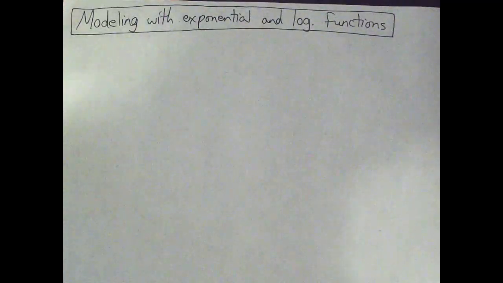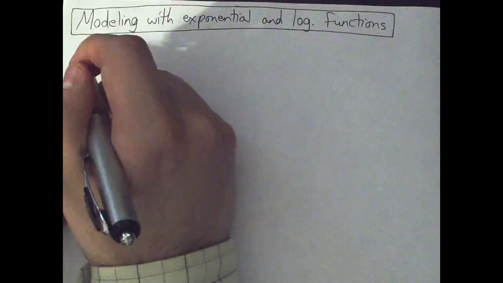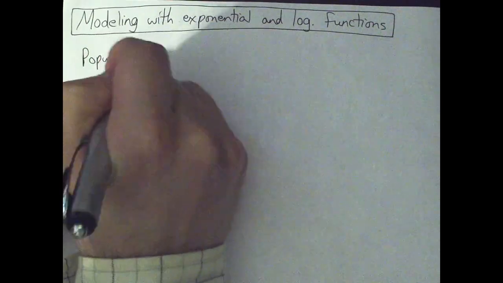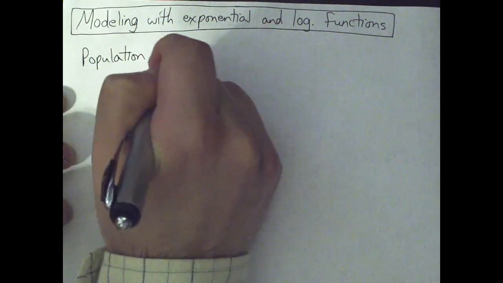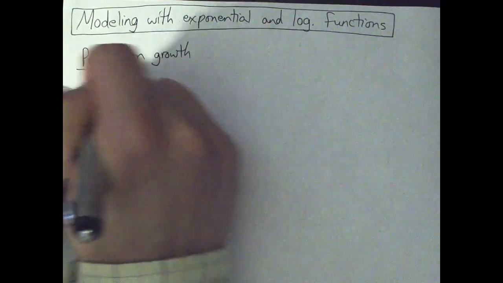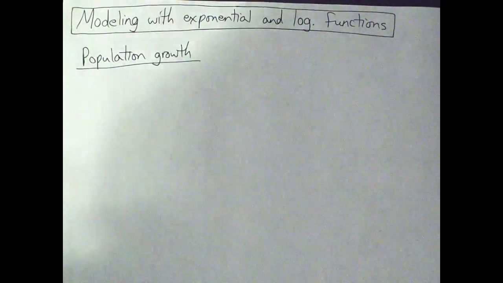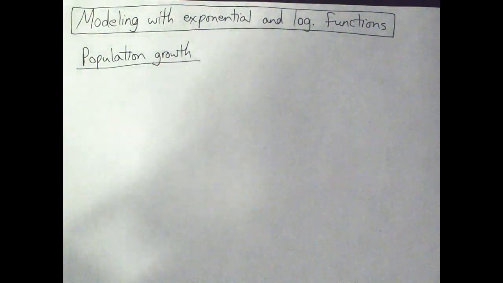All right, so besides interest and the loudness of a sound, modeling with exponential and log functions, one of the popular things that exponentials can be used for is population growth. And this could mean the growth of a population of humans, but it could also be the growth of a population of some other animal or bacteria or anything.